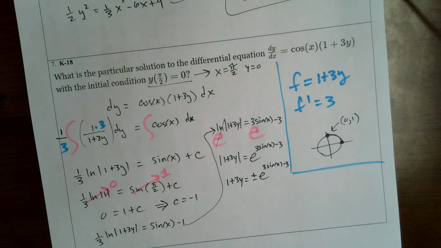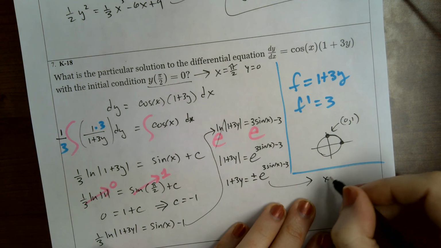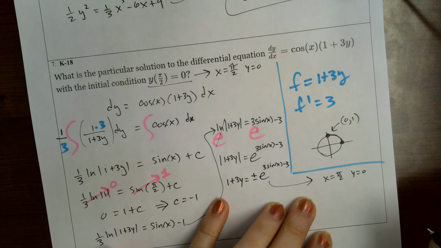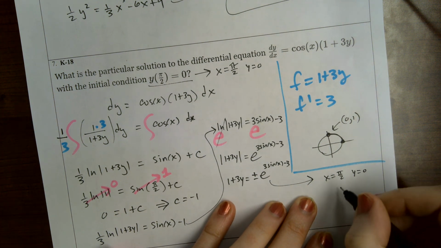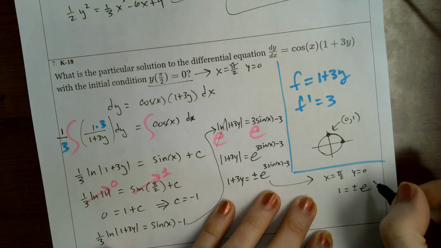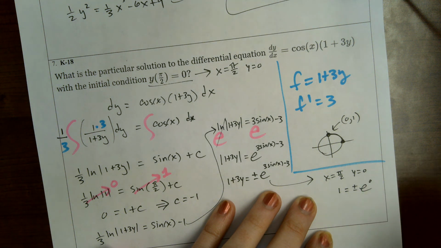Okay. Now, you've got to ask yourself, is it the positive or the negative? Okay, and so you've got to use the initial condition. All right, so we know when x is pi over 2, y is 0. So this gives me 1 equals plus or minus e to the 0.